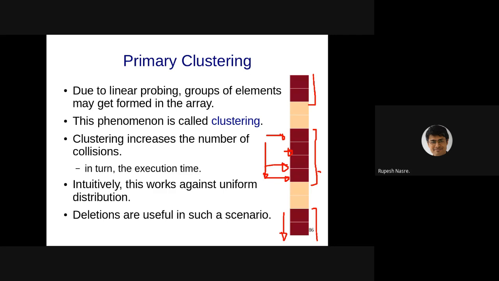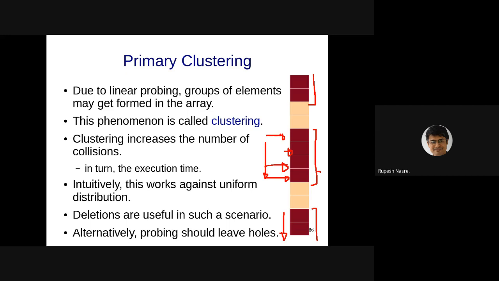One advantage of deletion is that it will create some holes, and that is essentially going to be advantageous. But deletions are usually rare, and therefore we would like to solve this in a different way. One of the ways in which it can be made to work is that probing can leave some holes.